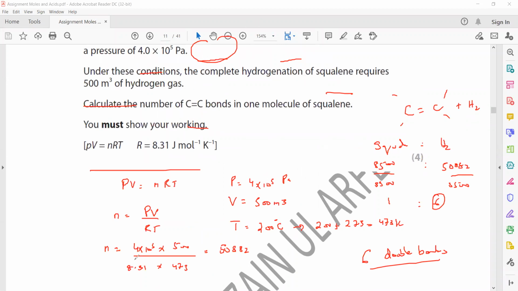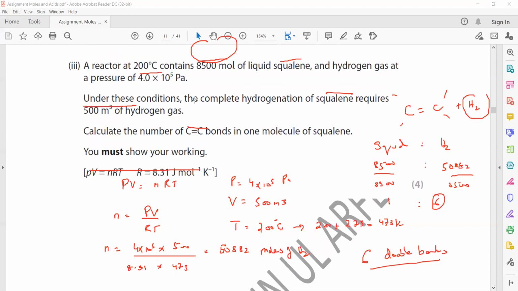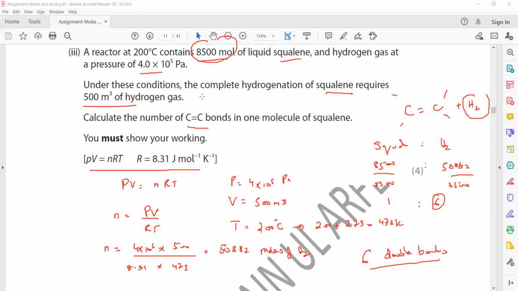So PV equals nRT is giving the moles of hydrogen. Then we know that 1 mole of hydrogen reacts with 1 double bond. But in the question, we don't have 1 mole of squalene. How many moles of squalene are given in the question? We have 8,500 moles of squalene.